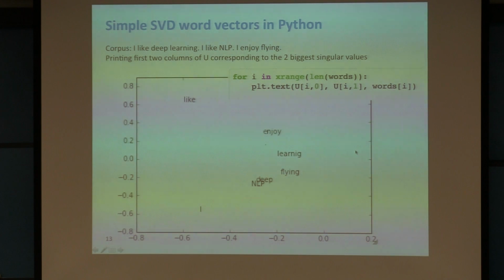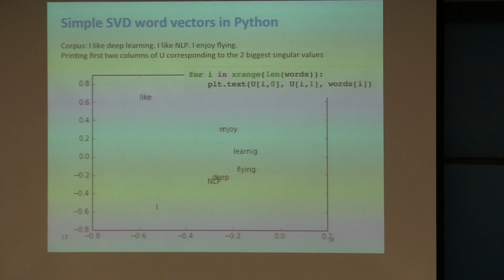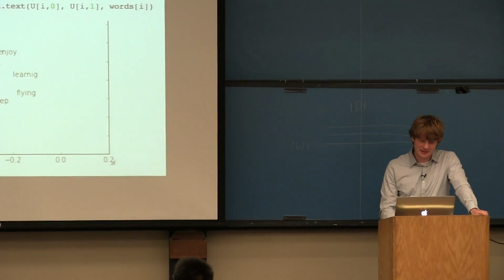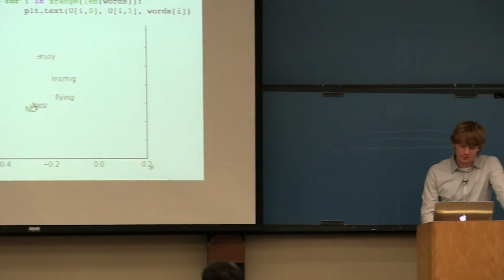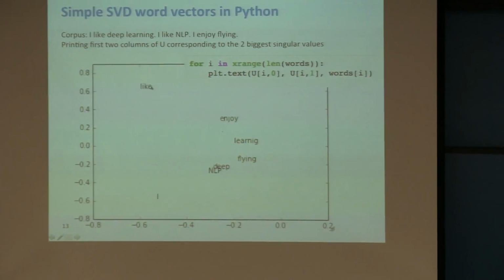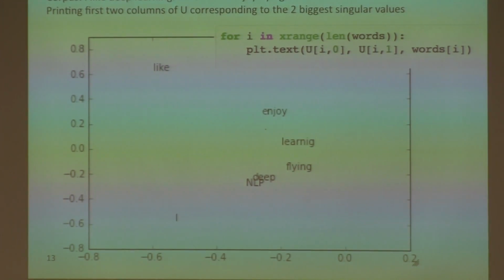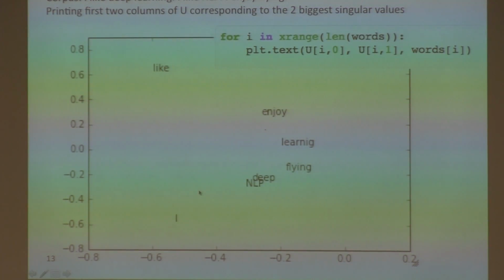And what we'll observe is that we'll actually capture a lot of the similarities. A lot of what's going on here in this vector space is very intuitive. So for instance, like and I are probably the 2 most frequent words in the corpus, and so some notion of frequency is captured in one of these axes. We also know that like is in some ways most similar to enjoy, because it's something that you can do: I like, I enjoy.